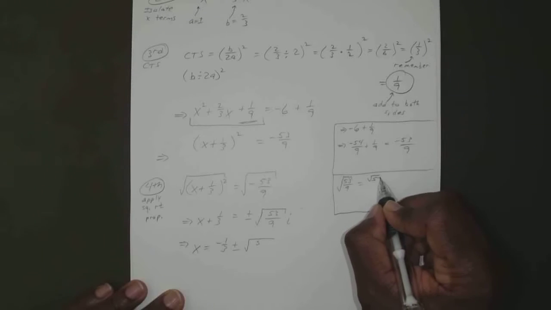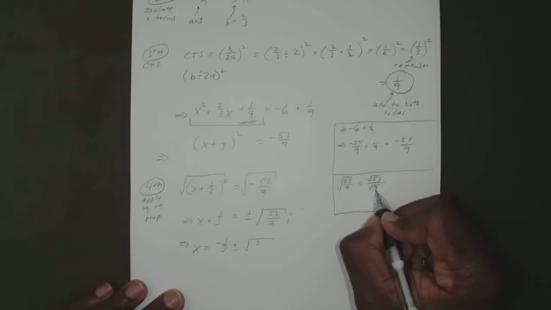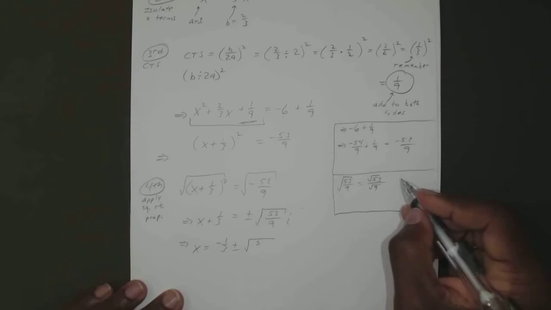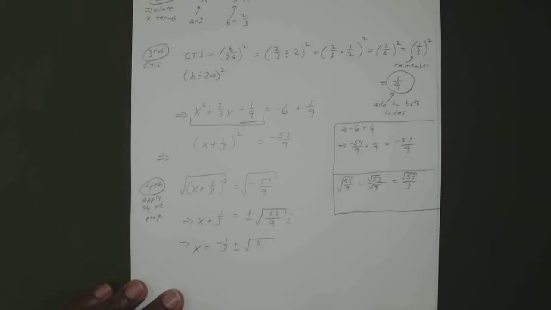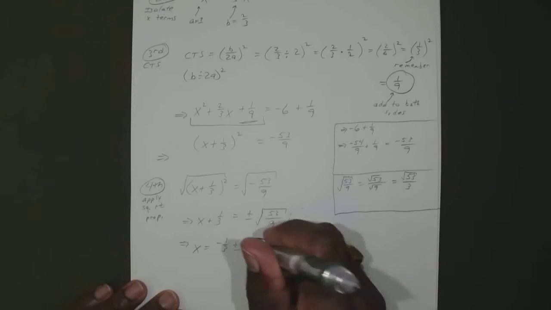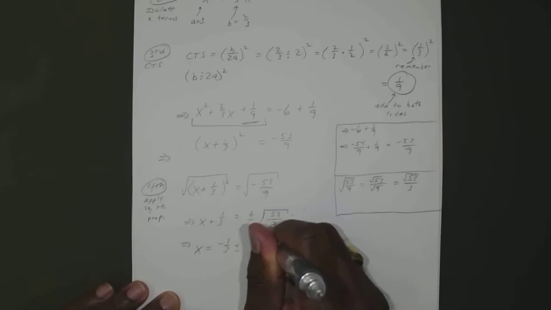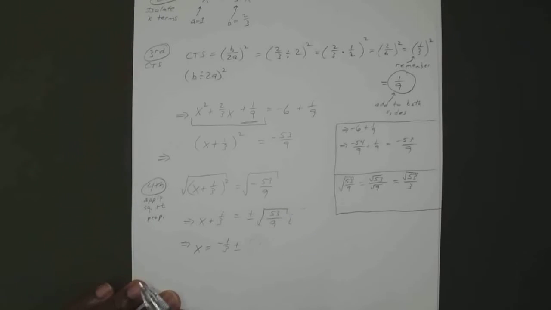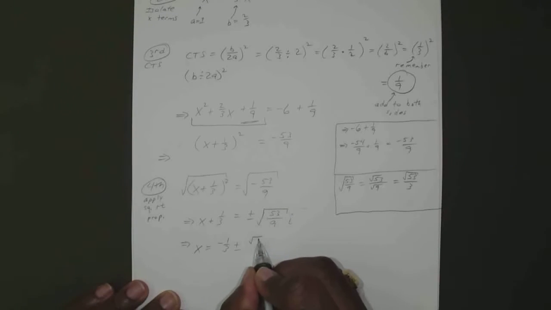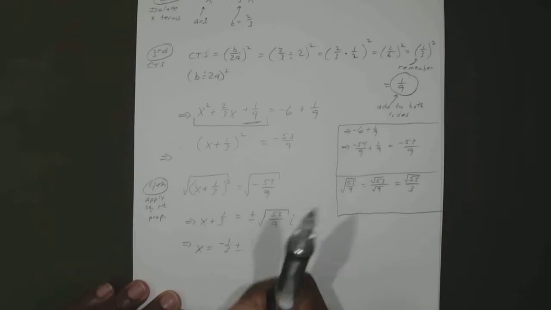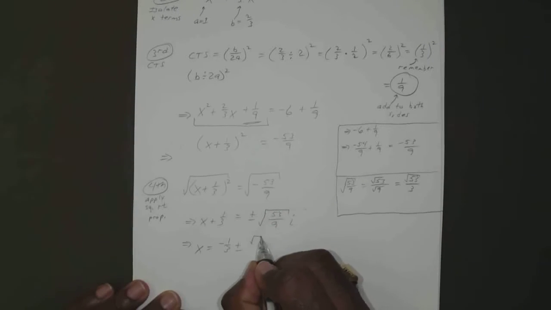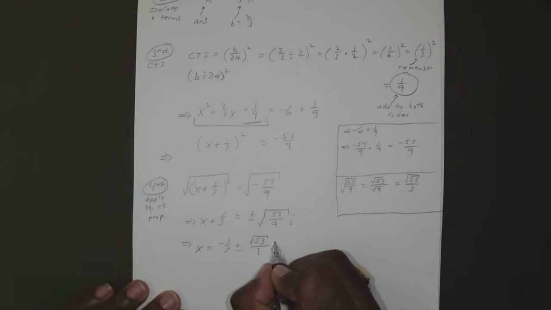That's just the square root of 53 over the square root of 9, which we can just make the square root of 53 over 3. Okay, so that gives us plus or minus square root 53 over 3 i.